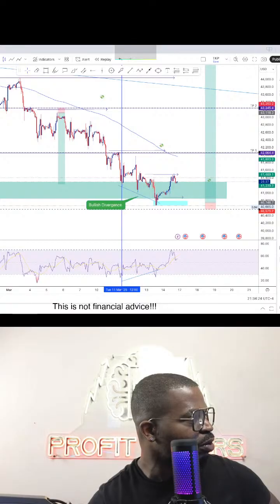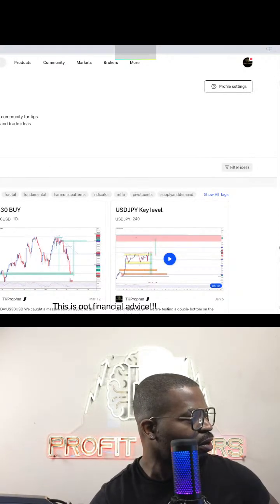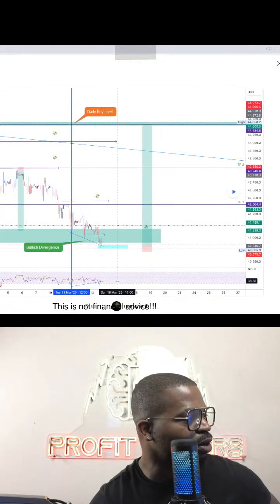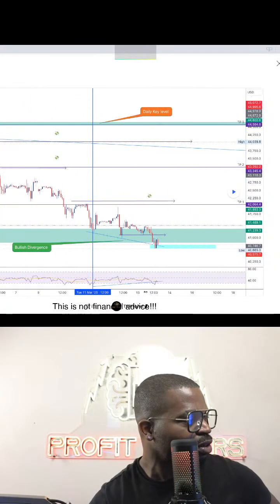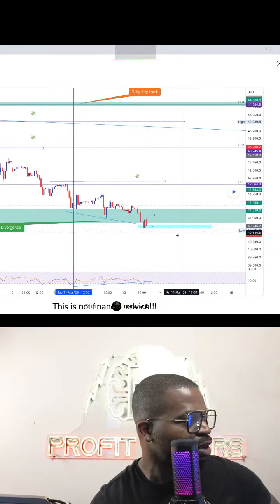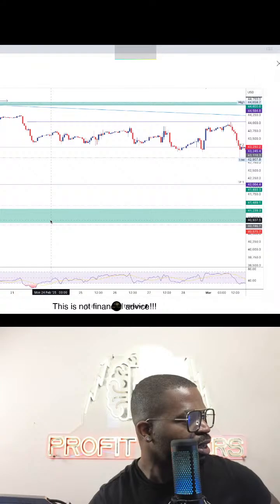So let me actually pull this one up from my profile. I want to show you guys where I sent this exact entry out. So I called this trade from the lows. What I was taking a look at was this area on the daily.